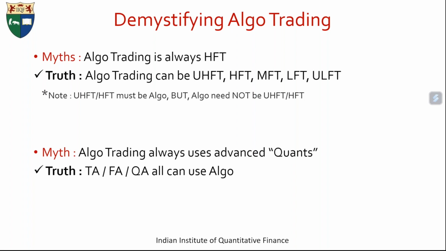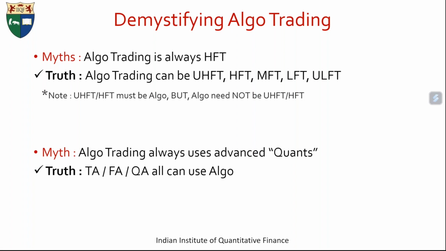So first, one of the most common myths to start with is that people think algo trading is all about high frequency trading. But let me tell you the truth: algo trading can be ultra high frequency, medium frequency, low frequency, and ultra low frequency as well.